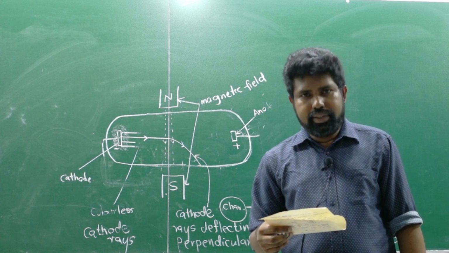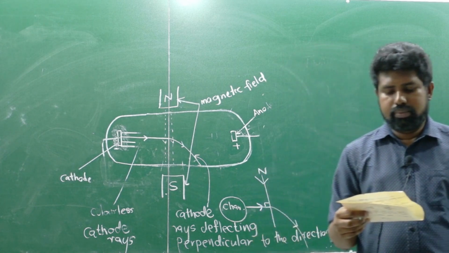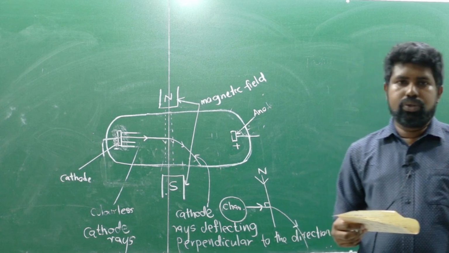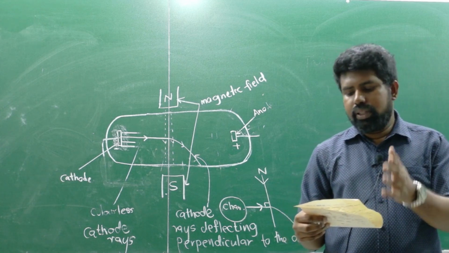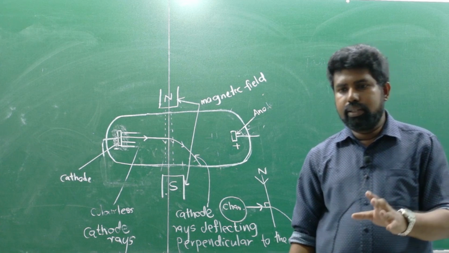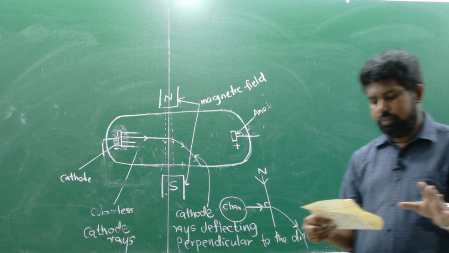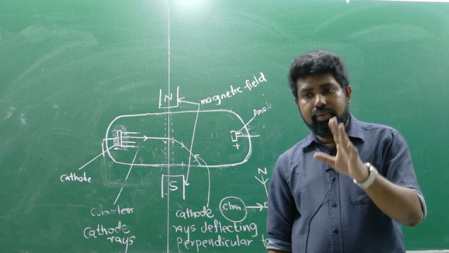This shows that the cathode ray particles possess an electrical charge.